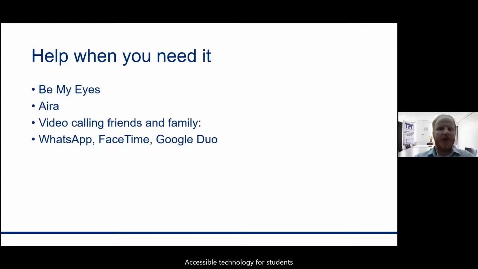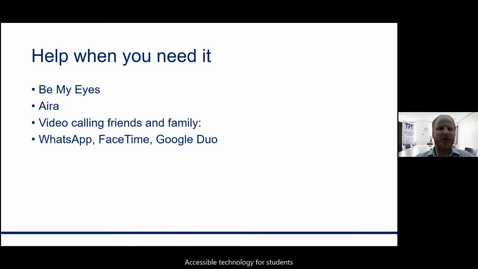It's volunteer-driven, and the idea is that there is now a network of several million volunteers, all based all over the world. The idea with Be My Eyes is that as a blind person, you can sign up on any kind of smart device, and the app can then video connect you to one of these volunteers, who can then get access to the camera on your phone and use that to give you a description of whatever it is that you might want to know about your surroundings.